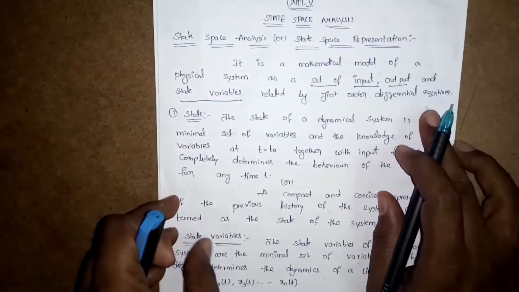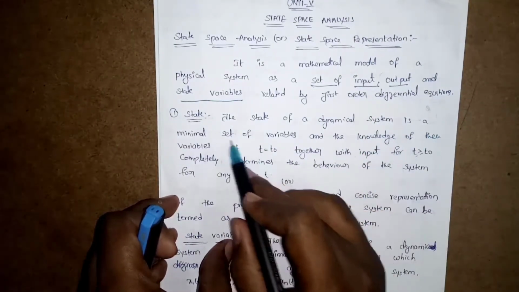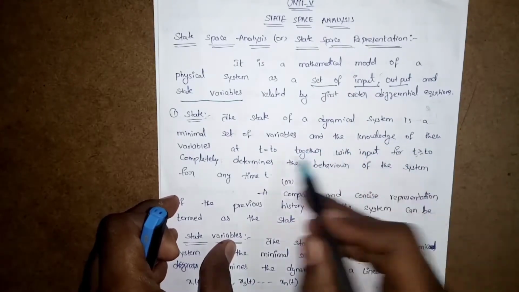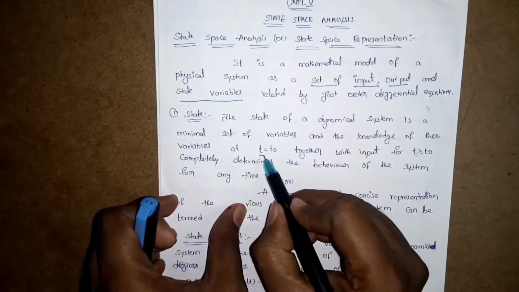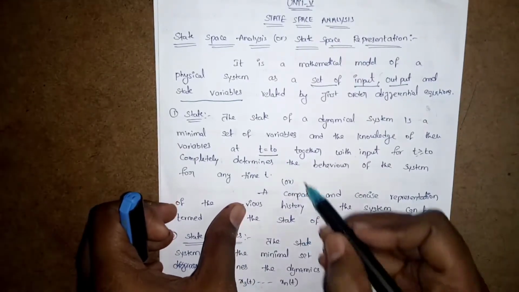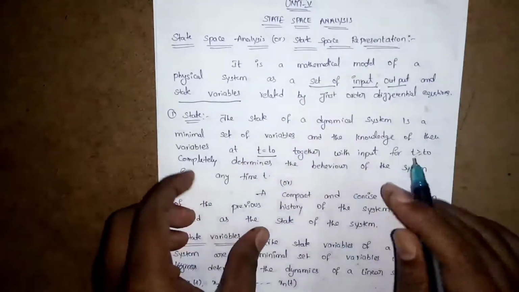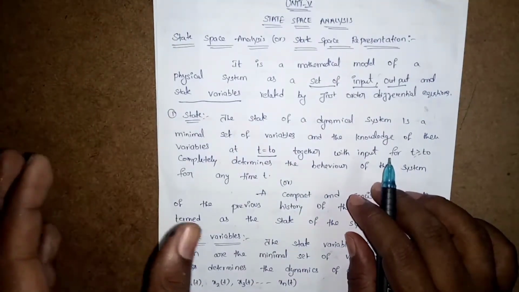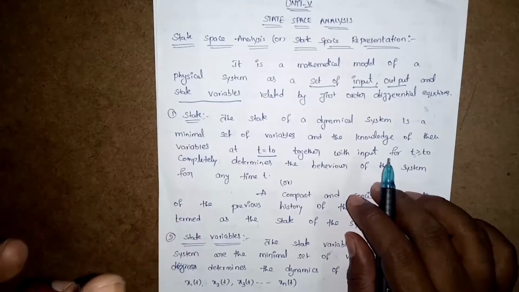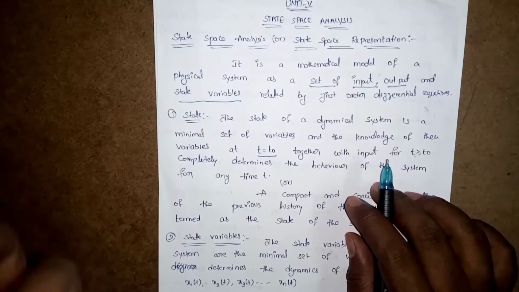The state of a dynamical system is a minimal set of variables, and the knowledge of these variables at t equals t naught, you have to observe this. We are assuming a dynamical system and we are going to find its state.